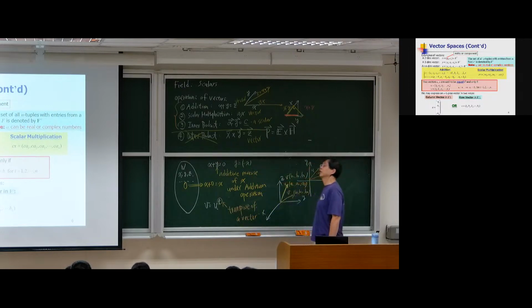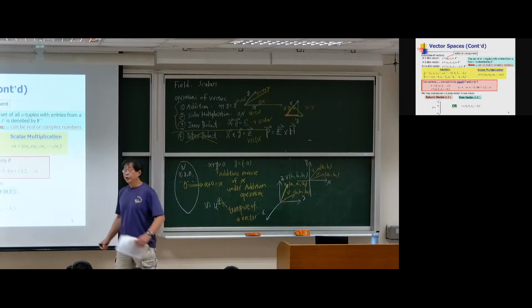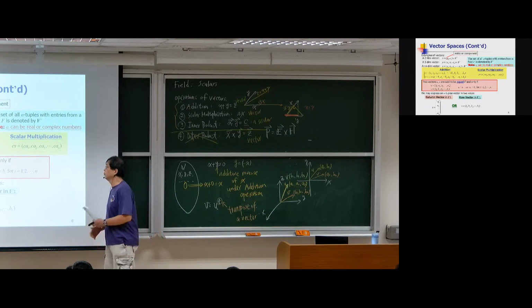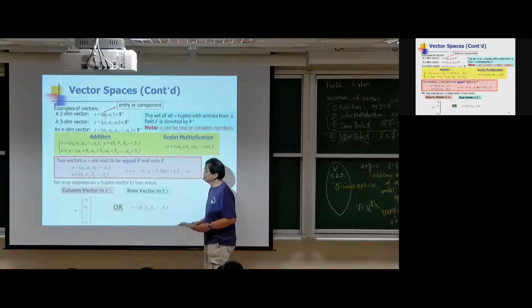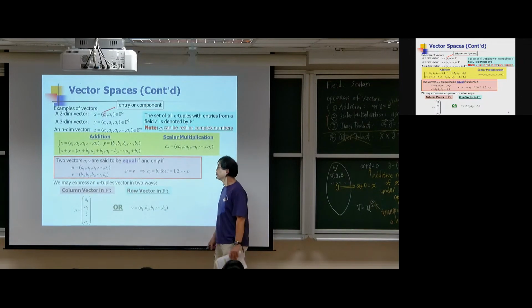In the future, we will also define the transpose of a matrix, where we just exchange the order of the row and the column. So we can transpose a vector from a column vector into a row vector or vice versa.